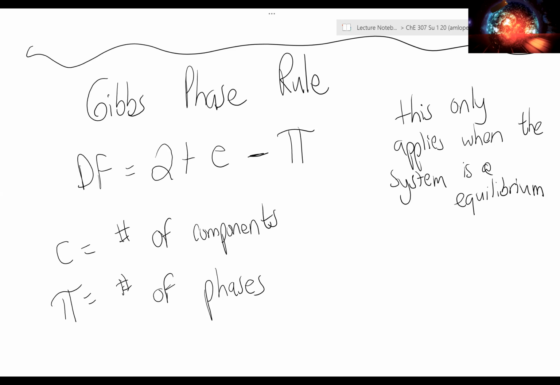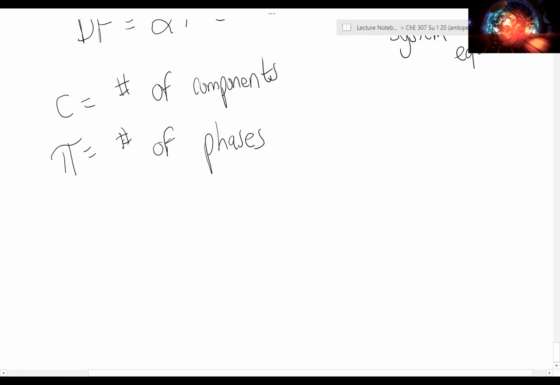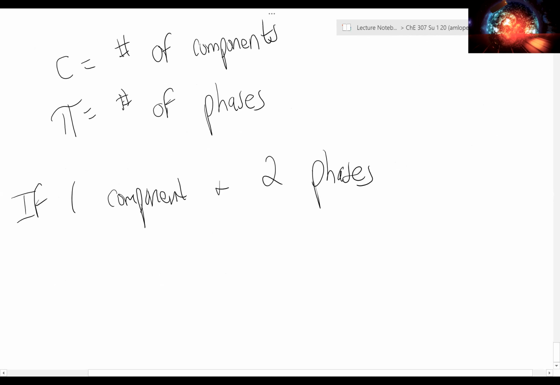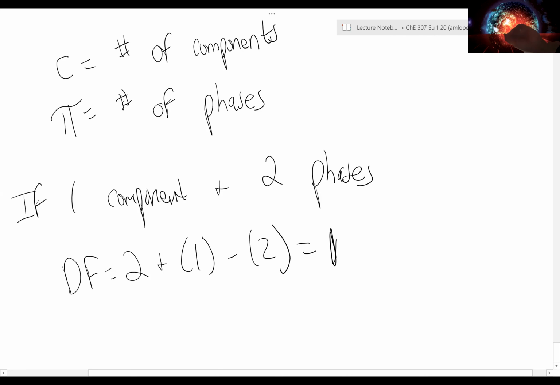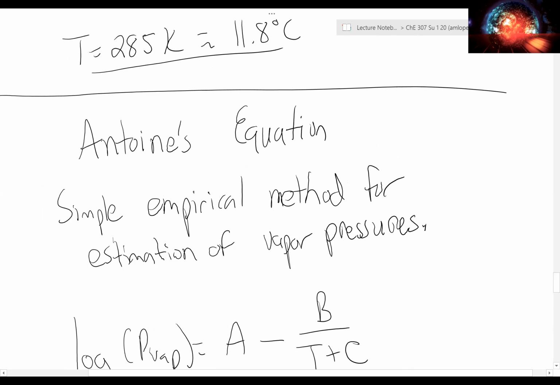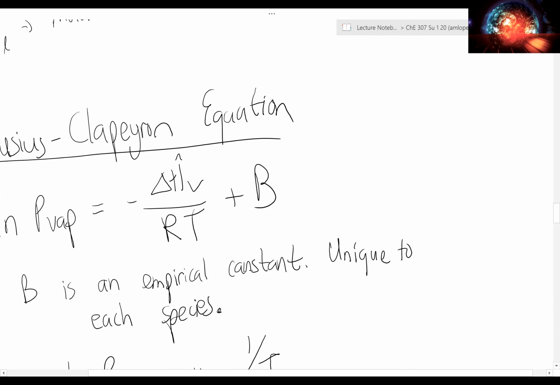Applying the Gibbs phase rule, for example, if I have one component and 2 phases, the degrees of freedom in this system is 2 plus 1 minus 2, which is 1. That tells me I need to specify a variable. Let's look back at that phase diagram.